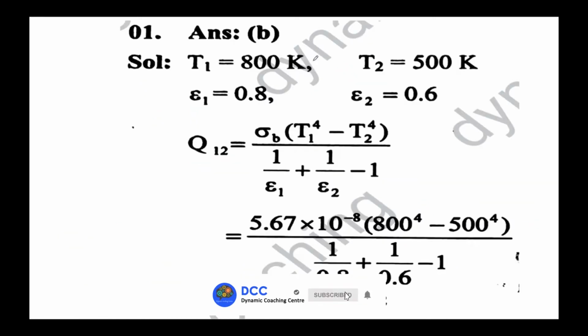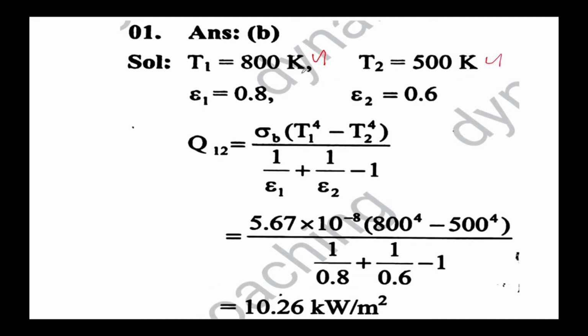So these are the data which have been given once again: T1 800 Kelvin, T2 500 Kelvin, epsilon 1 0.8 and epsilon 2 0.6. And as I said, your Q can be represented as delta T, and here according to Stefan Boltzmann law, it is T1 power 4 minus T2 power 4, which is equivalent to your delta T. Also remember to include your Stefan Boltzmann constant, divided by the resistance term.